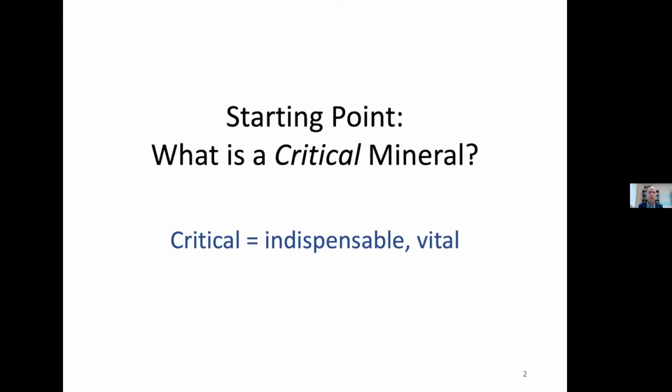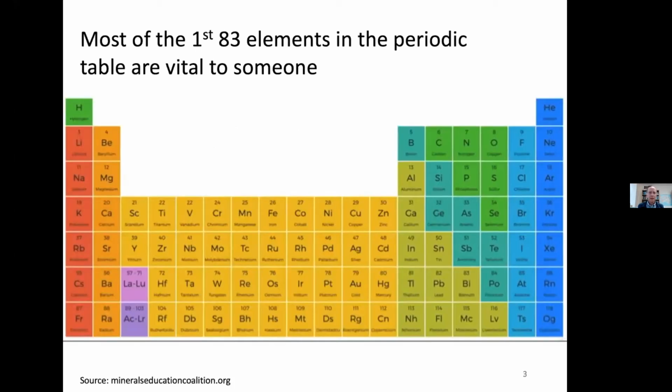Now, if we look up the definition of critical in a dictionary, there'll be a definition that sounds something like indispensable or vital. So a critical mineral, one would imagine, is a mineral resource that is indispensable or vital to something. Now, most of the first 83 elements in the periodic table of elements are vital to someone.